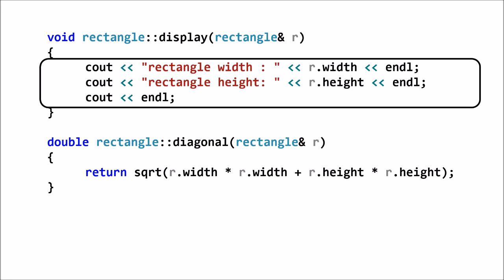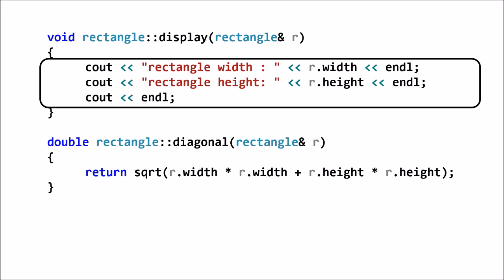r.width returns the width data member of the object referenced by the letter r, and then an end line, and then the second line prints out some text for the rectangle height, and then inserts into the output stream the r.height data member.